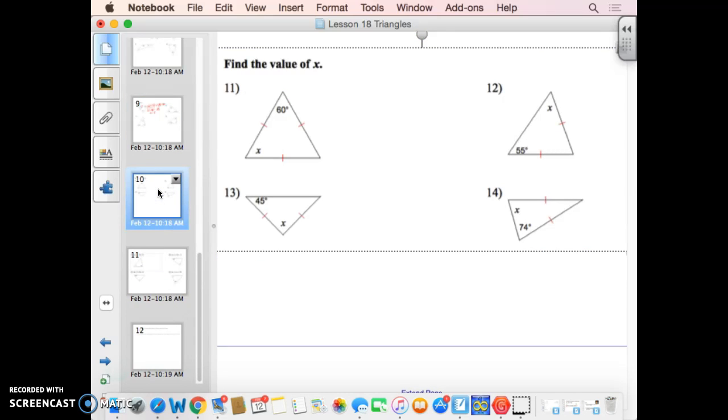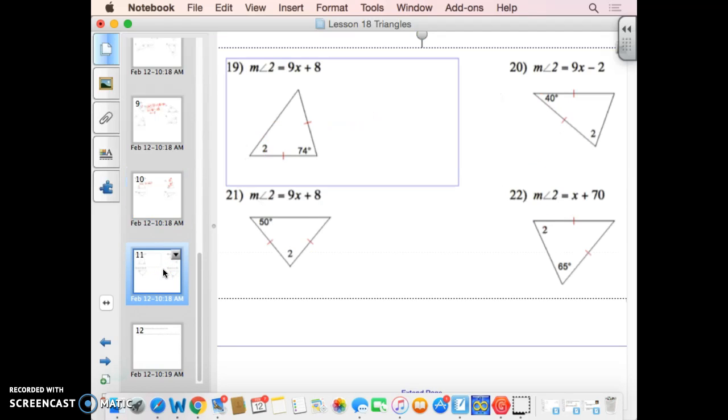Here we go. We're going to be looking at equilateral and isosceles triangles. If you know this measure is 60, then you know this one has to be 60 because it's equilateral. This one here, please note that the angles opposite the congruent sides are congruent. So if this one's 55, this one's also 55. Here we go again. So for this one, this side and this side are congruent.